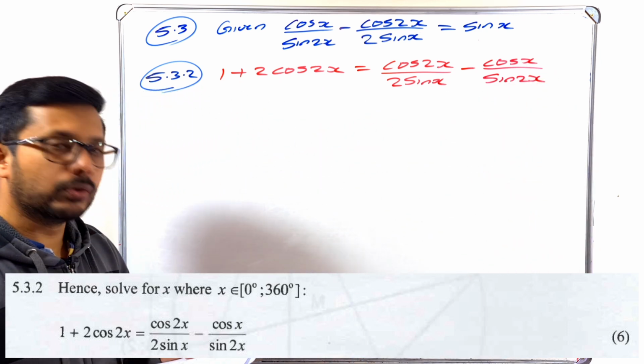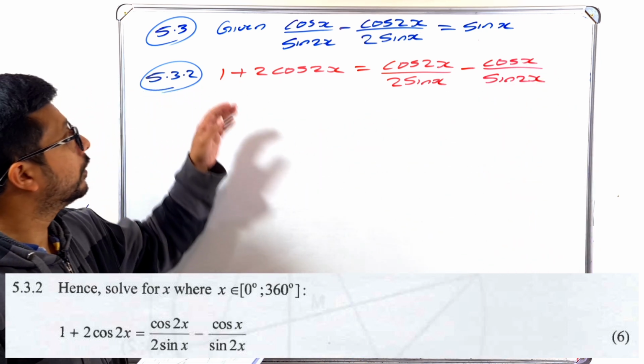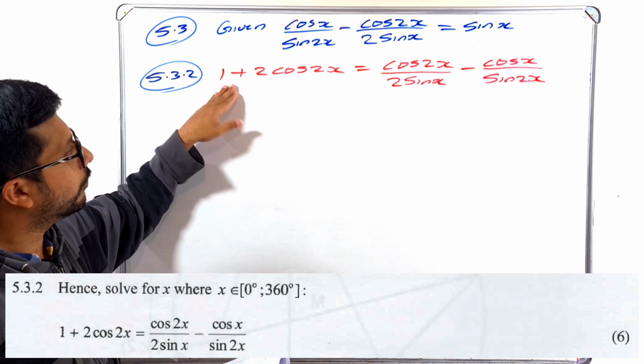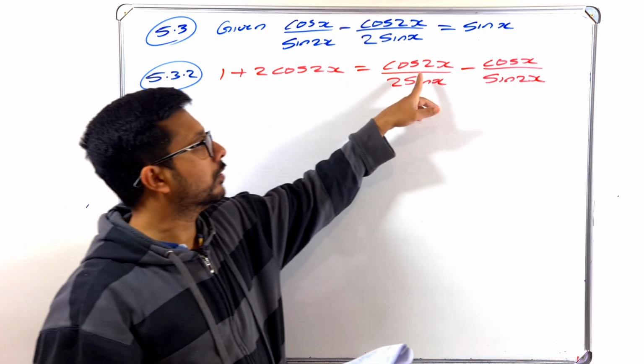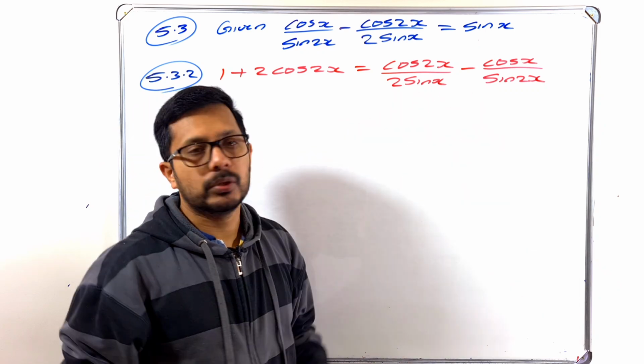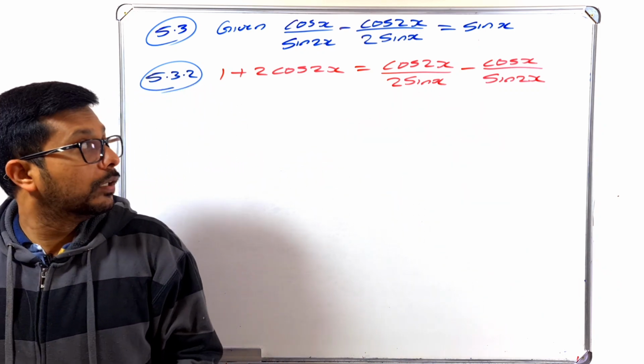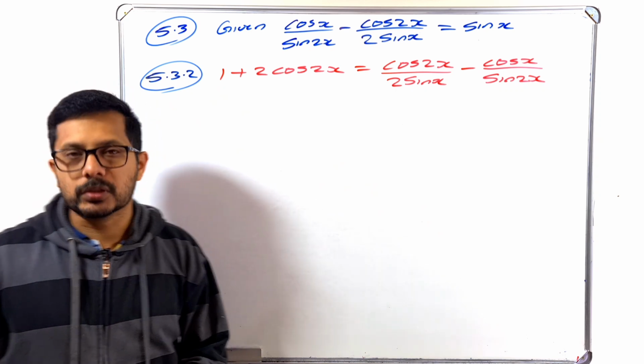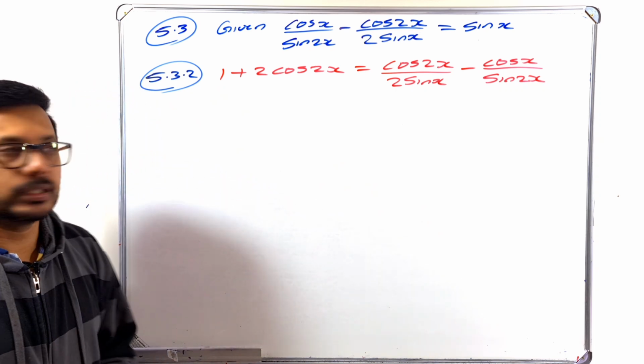You have to solve for x where x is an element of 0 to 360. So how can you solve this one, guys? How can you answer this one?